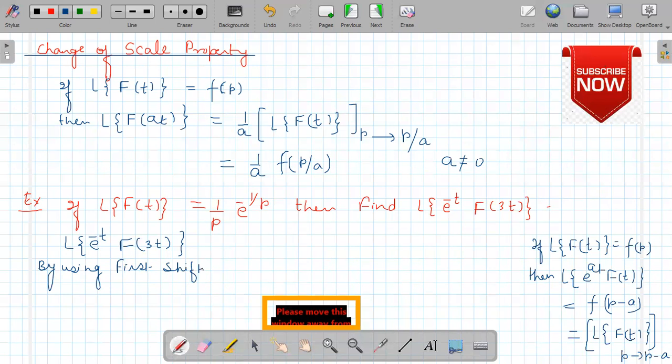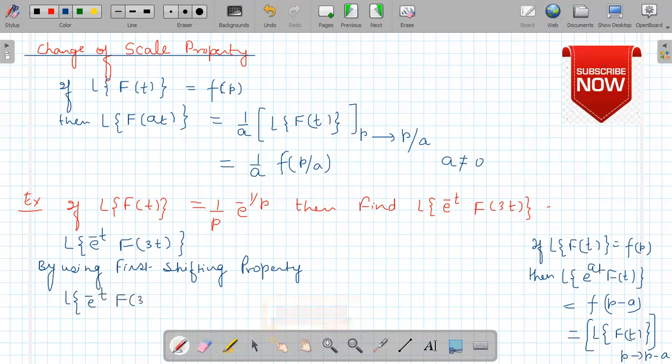By using first shifting property, we can write Laplace transform of e raised power minus t f of 3t equal to Laplace transform of f of 3t, and in the whole answer p is replaced by p plus 1 because of negative sign here.